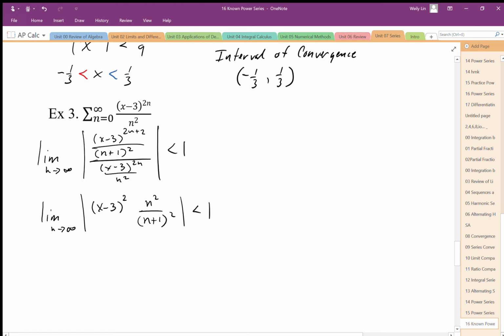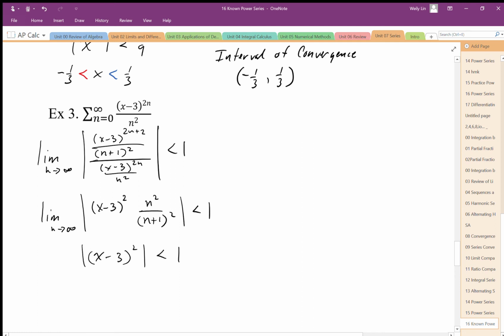This is just a quadratic over quadratic as n goes to infinity. We know that's equally strong, so we end up with a limit of 1. So we end up with x minus 3 squared being less than 1.